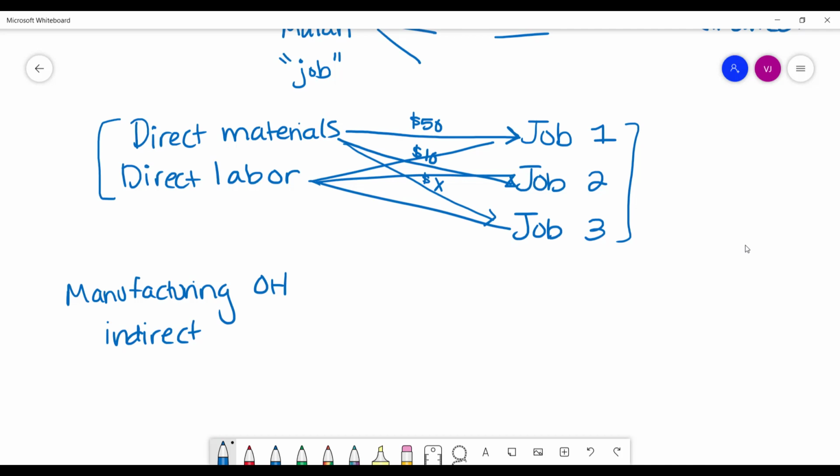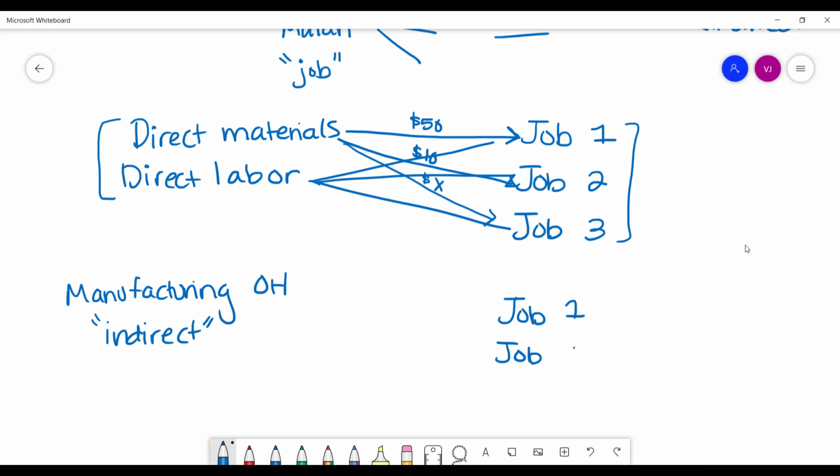Direct costs can be easily and practically traced to their cost objects. In this case, these jobs are the things causing the direct materials and direct labor costs. That's what makes those costs direct, in that they can be easily traced to these jobs. Manufacturing overhead, though, is all those indirect costs, meaning it's either impractical or impossible to trace the cost of manufacturing overhead to a job or a cost object.